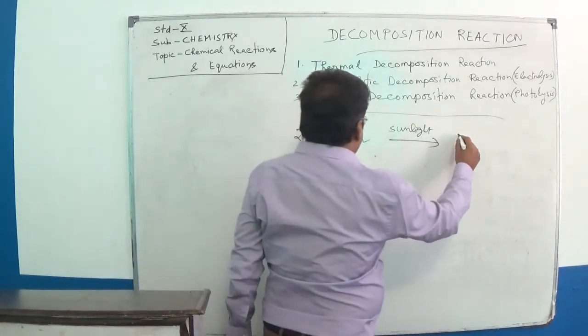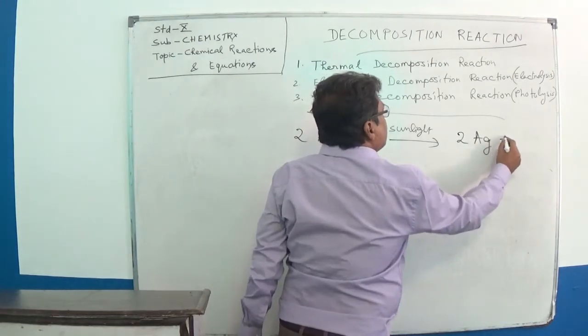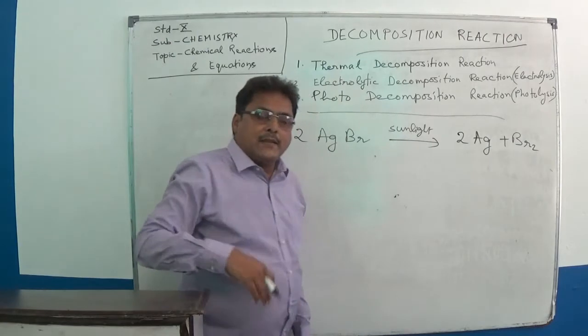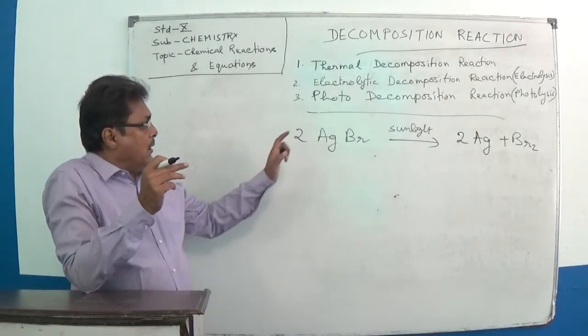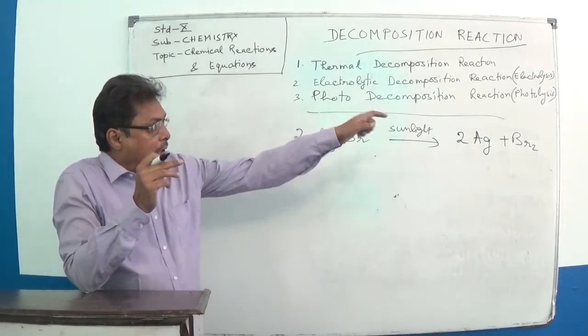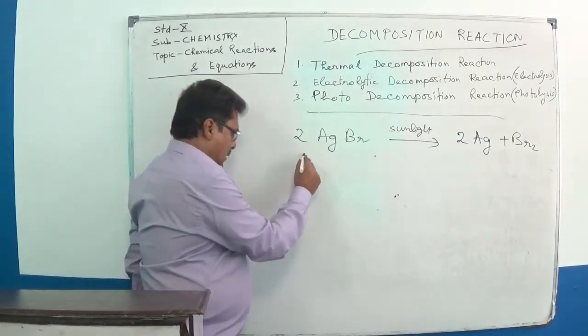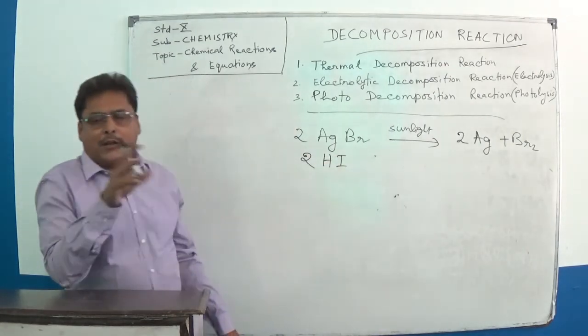Now you see, this is an example of what a photolytic decomposition reaction is. And it is a little uncommon, hydrogen iodide.